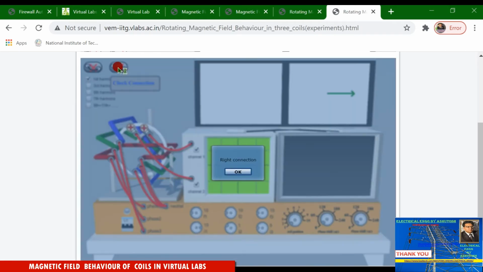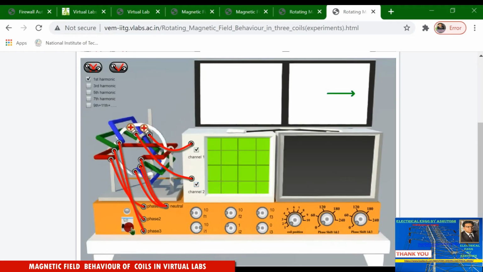You have to check the connection, the right connection. Then you have to switch on the supply. Increase the current I1, I2, and I3. You can see the frequency is 10, F1 is 10, F2 is 10, and F3 is 10 Hertz, and the current is 10 ampere in the first phase, in red, blue, and green.